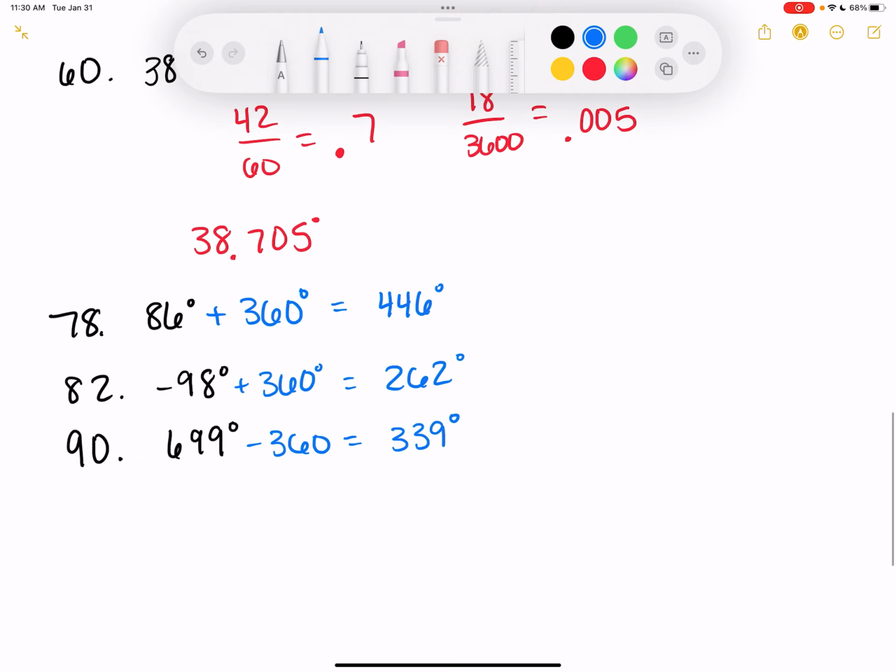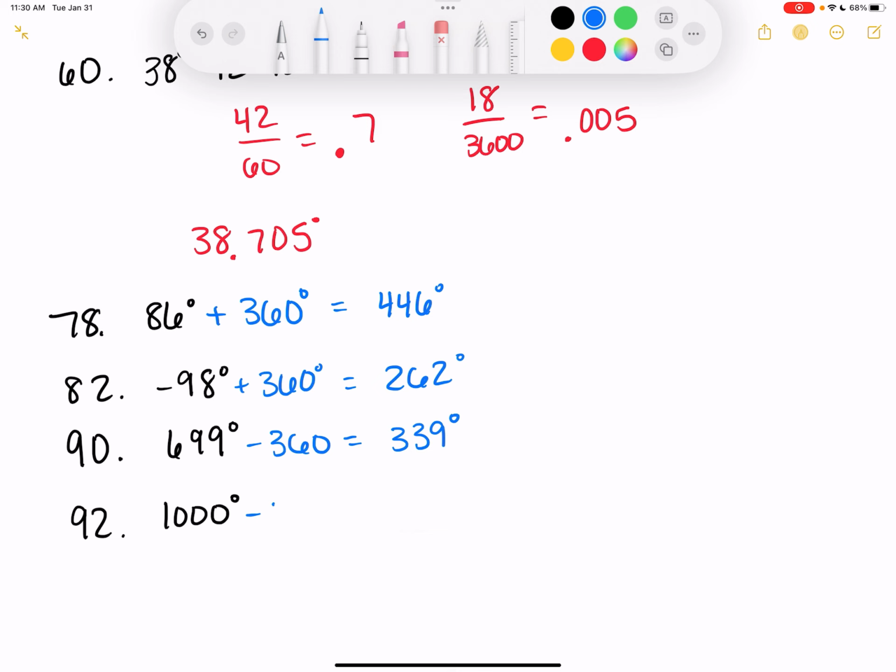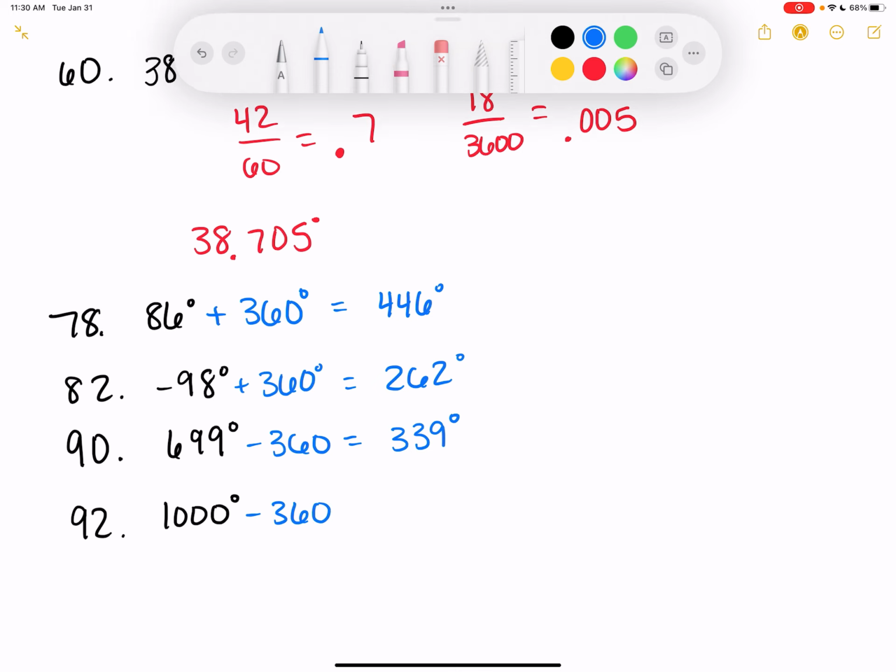If I had something like 1000, I would subtract 360, which is 640, but I can still go lower than that, so I'm going to subtract 360 again.